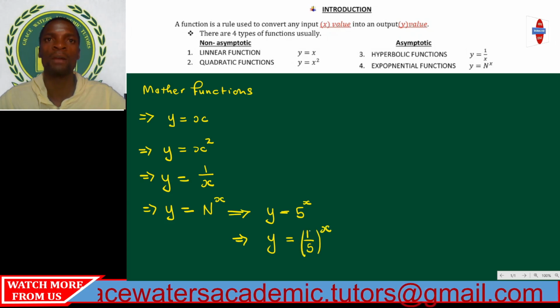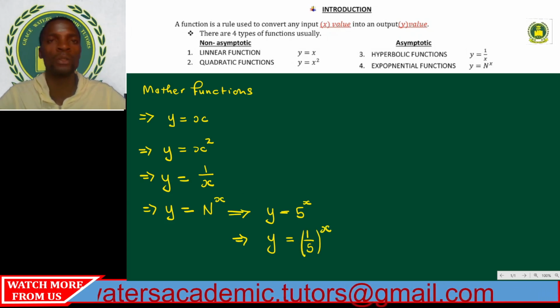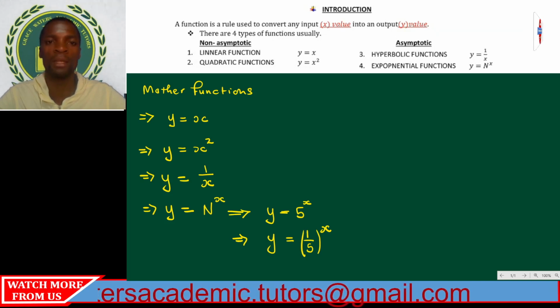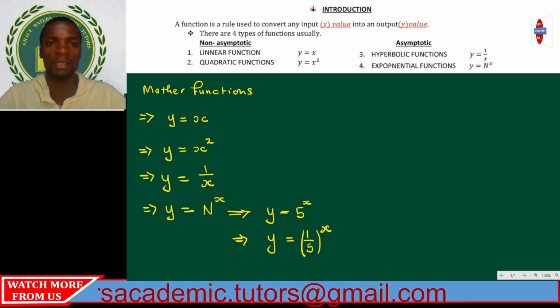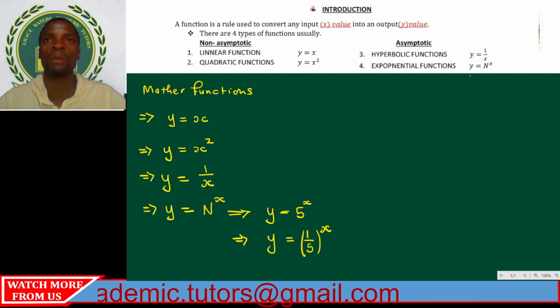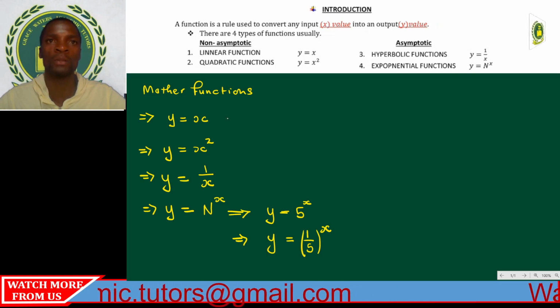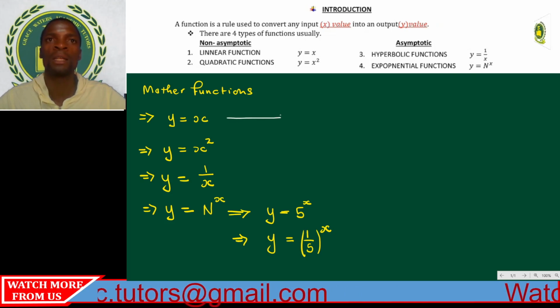All right, so these are the mother graphs that we have, and I want to show you exactly what they look like when they are sketched on a graph. The first thing is we need to start with the mother function y equals x.